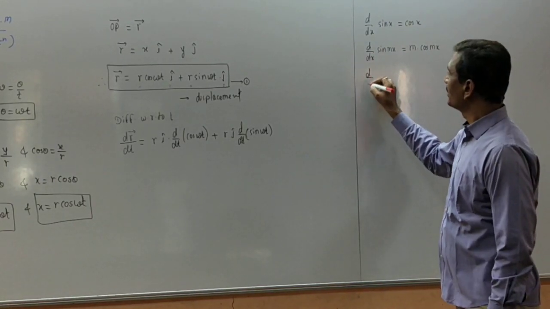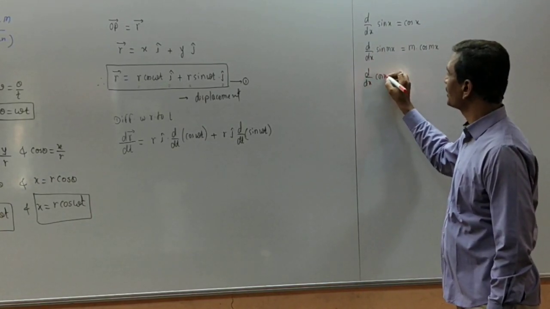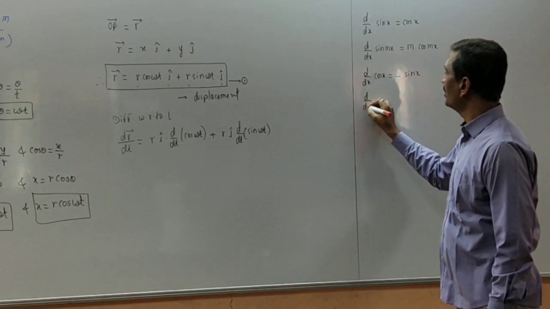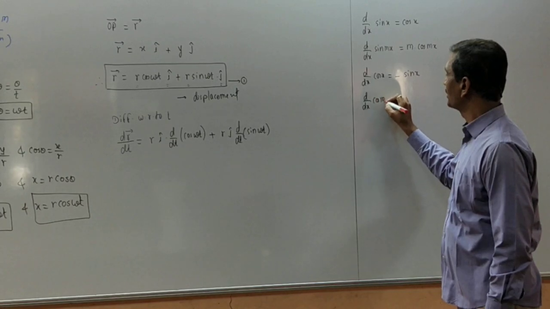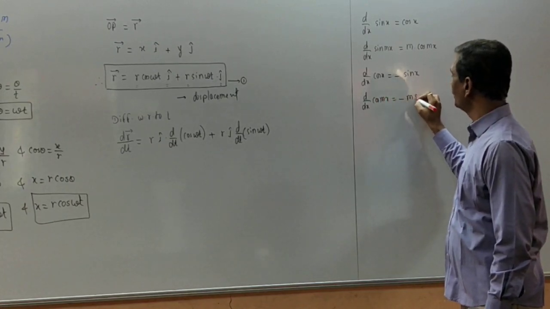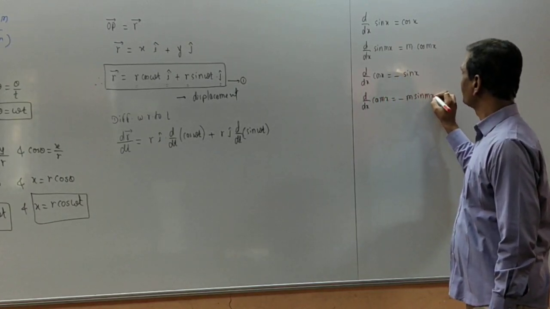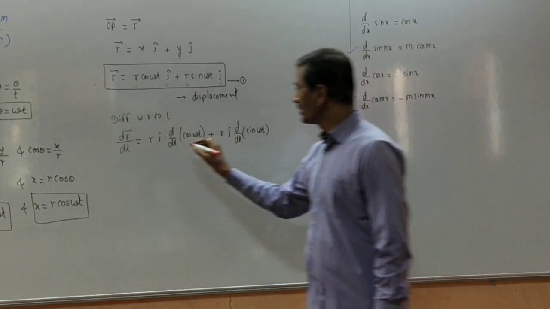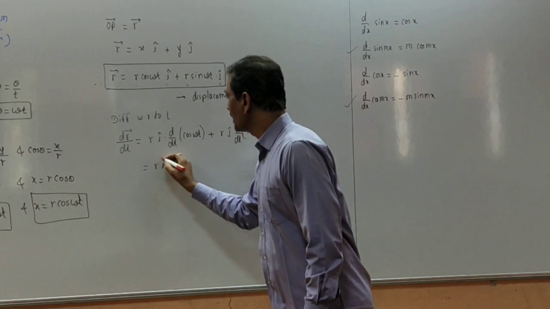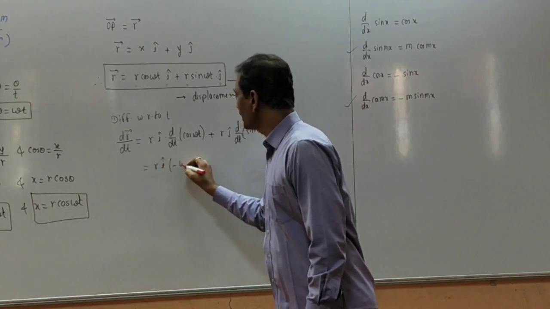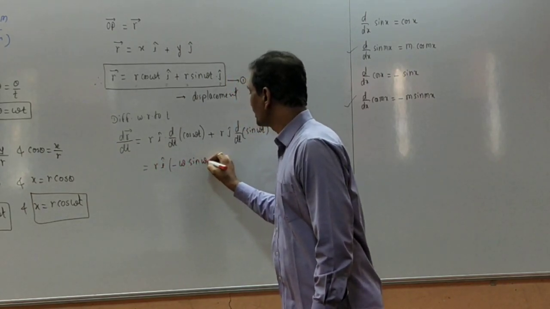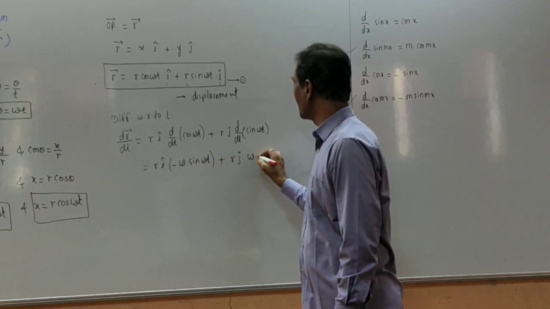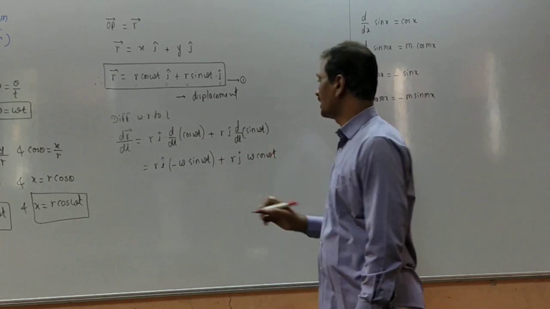Similarly, the derivative of the function cos x with respect to x is minus sin x and the derivative of cos mx is minus m into sin mx. So use these two formulae here. We get r i cap into minus omega into sin omega t plus r j cap into omega into cos omega t.